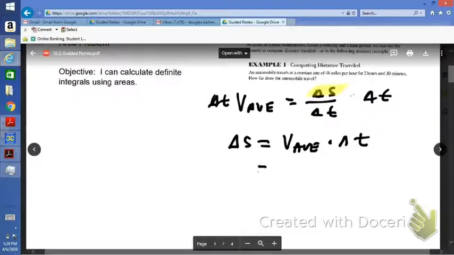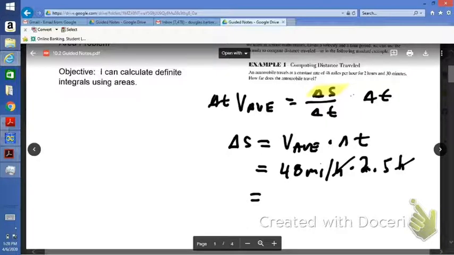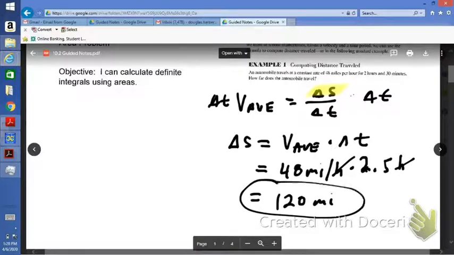We can plug in our velocity average, which is 48 miles per hour, and we're going to multiply that by our change in t, which is 2.5 hours. Those hours will cancel, and then 48 times 2.5 will leave us with 120 miles.